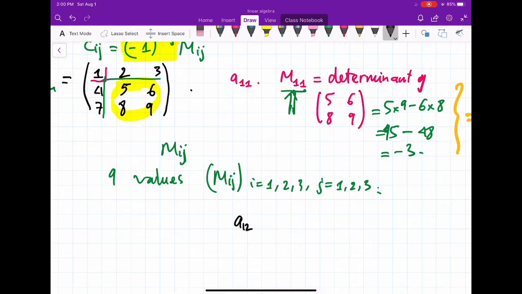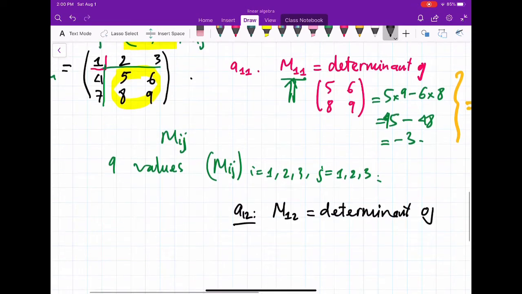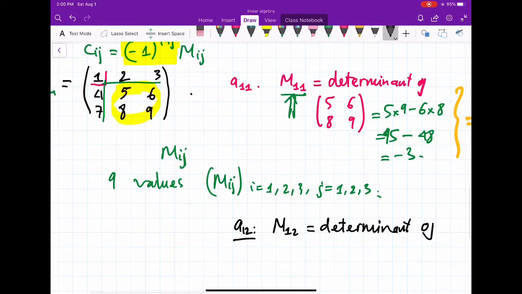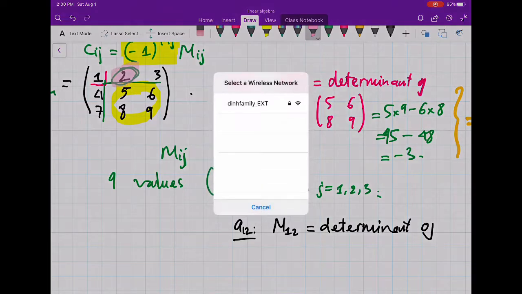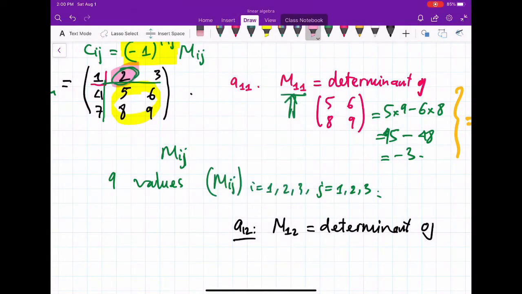But if you calculate A12, let's say this. What is M12? It is the determinant of the matrix obtained when I delete the first row and the second column.